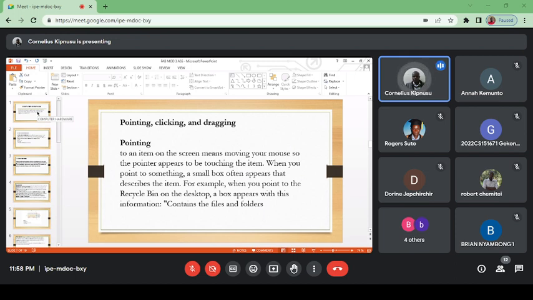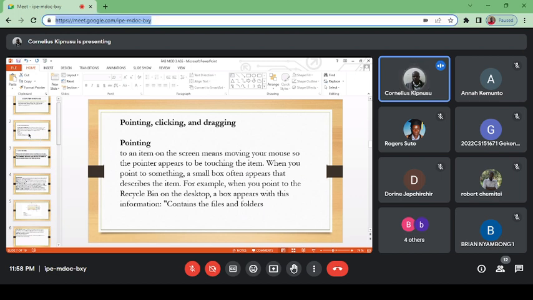We went further and talked about input devices, and under them we focused on the keyboard, and we have also tackled the mouse. We shall continue in our next class and talk more about techniques of a mouse.